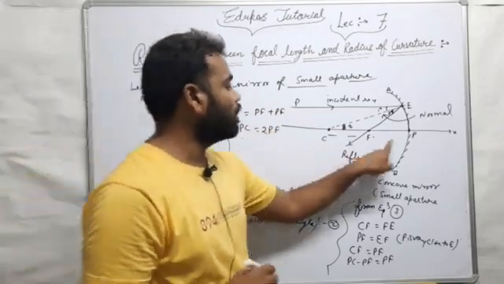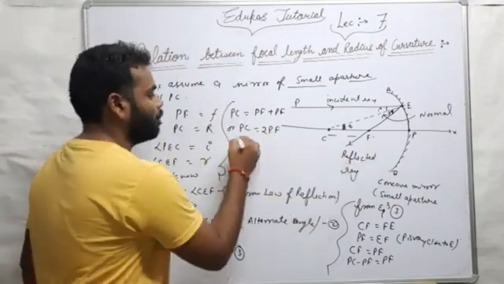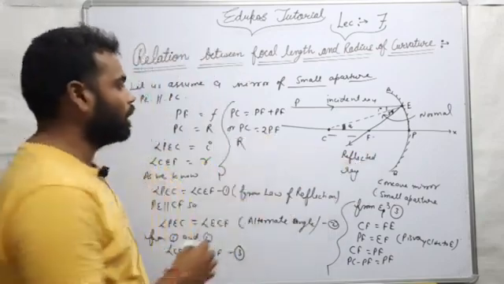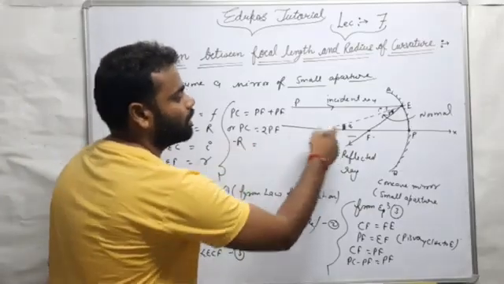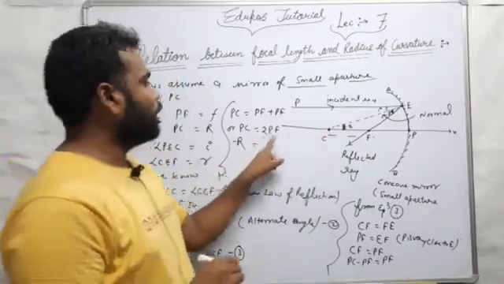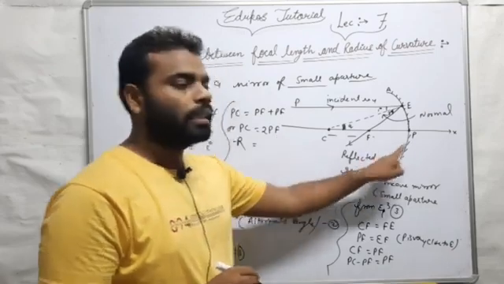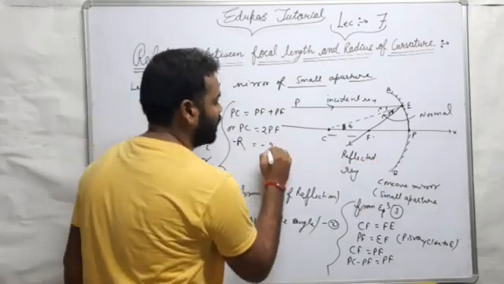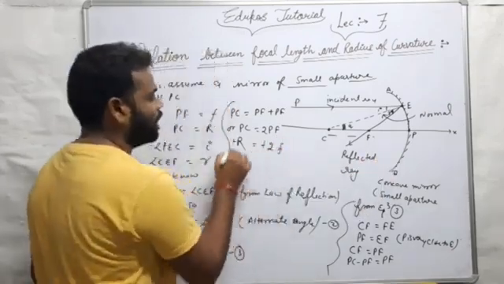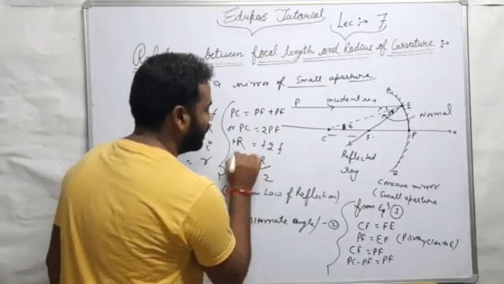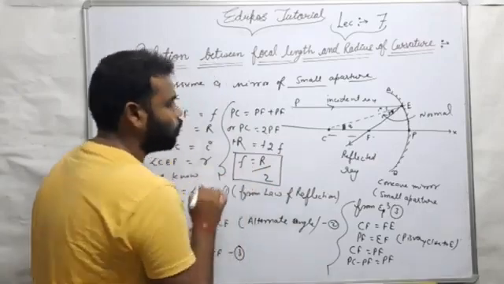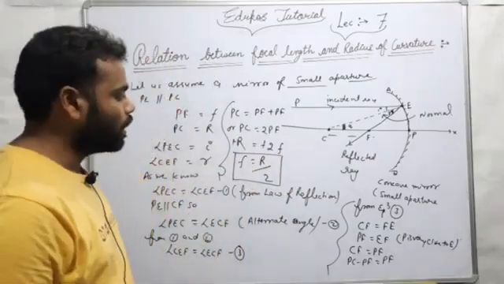PC is the radius of curvature, which can be written as R. We will put a minus sign here because it is on the left side, and PF is the focal length, so we will put minus 2f, and minus minus will cancel out, so f can be written as R by 2. This is the relation between focal length and radius of curvature.